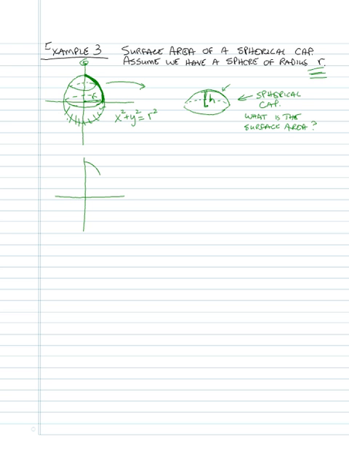Here's the y-axis, and rotating that about the y-axis, we're going to create that cap. And that's what we're going to end up doing. But remember, this curve is part of the circle x squared plus y squared is equal to r squared, and that's what we're rotating.